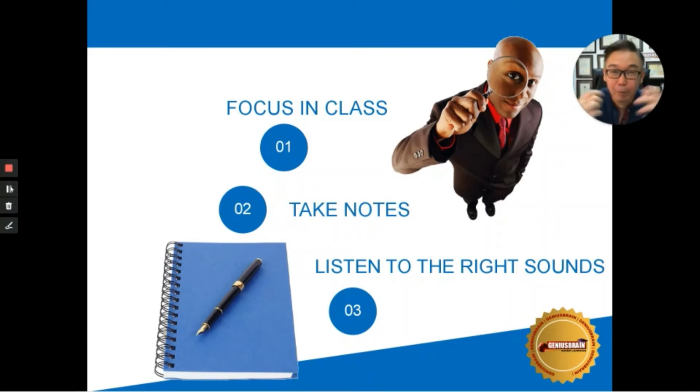So when you have more input going through your brain in an effective way, then when you need to recall it, it'll be easier for you to take out. If you follow the memory retention review formula, that's why you need to focus in class. In fact, you need to focus in anything that you do, because without focusing, our mind will stray away. Okay, it's just like when I'm talking to you now, you are thinking about playing some video games.